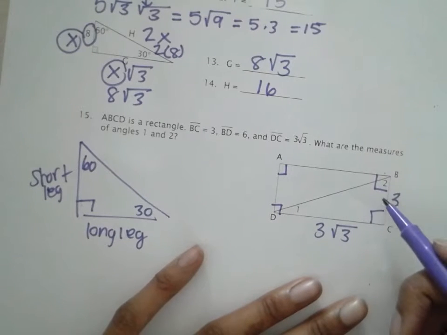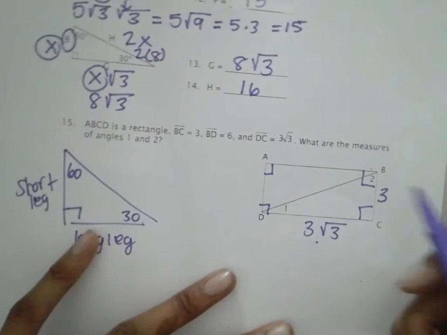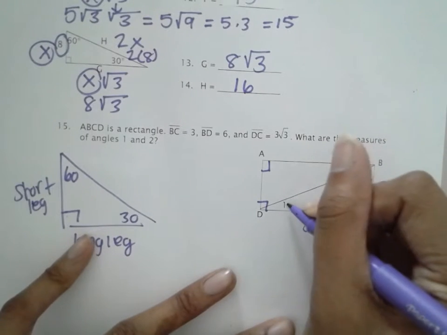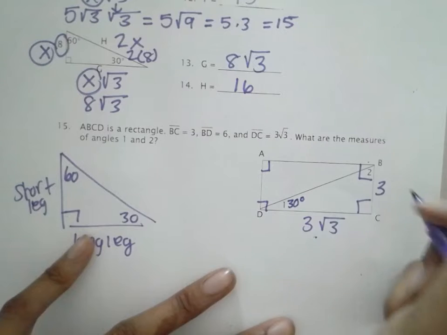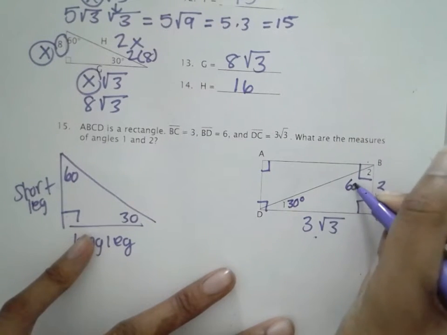So looking at this, which one is my short leg? Which one's shorter, 3 or 3 square root of 3? 3 is shorter. So this is my short leg will be here. So angle 1 is 30 degrees. Then angle 2 must be 60 degrees.